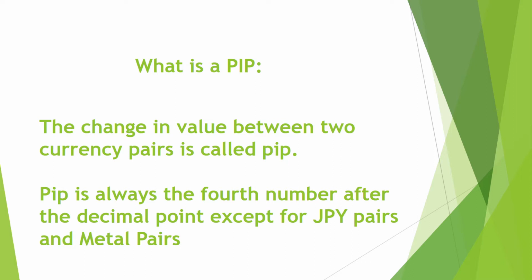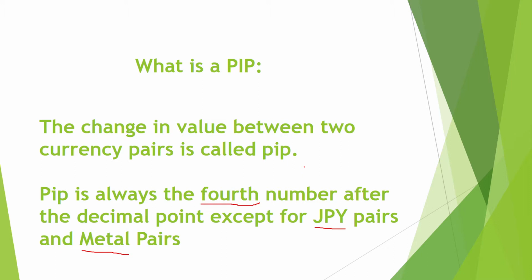It's always the fourth number after the decimal point, except for what? JPY pairs and what? Metal pairs.